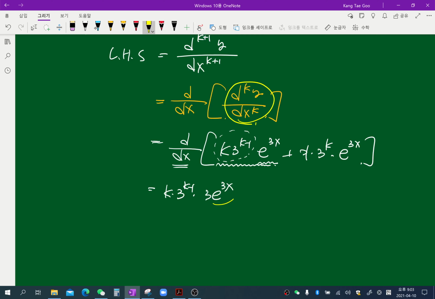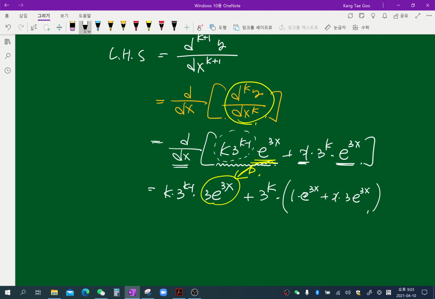So this much is the derivative of this part, right? And then plus 3^k is just a coefficient, we leave it as it is, and then this is a product with the x and e^(3x), right? So derivative times as it is plus as it is times derivative.